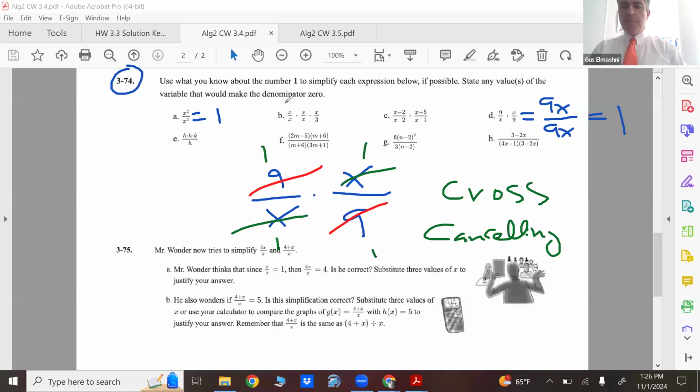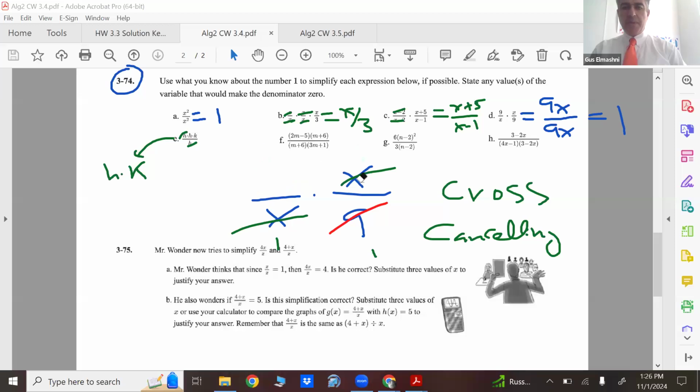What about B? What happens here? X over X? Cancel, cancel, cancel. What are you stuck with? Okay, what about C? X minus 2's cancel, right? What are you stuck with? Yep, X plus 5 over X minus 1. Let's look at E. H over H. Just H times K. Yep.